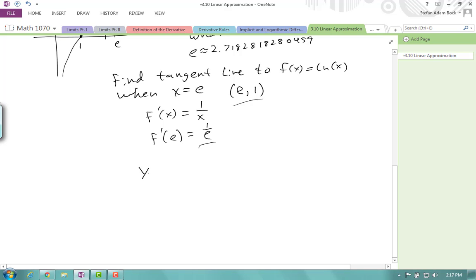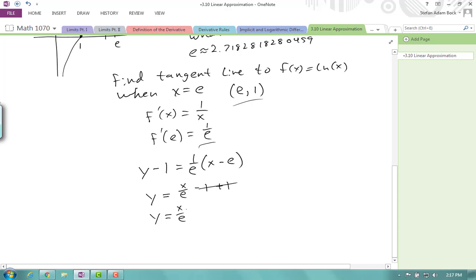I can have y minus 1 equals the slope 1 over e times x minus the x value e. And if I rewrite this into slope-intercept form, I have y equals x divided by e minus 1 plus 1. So those cancel, and I'm just left with y equals x divided by e.